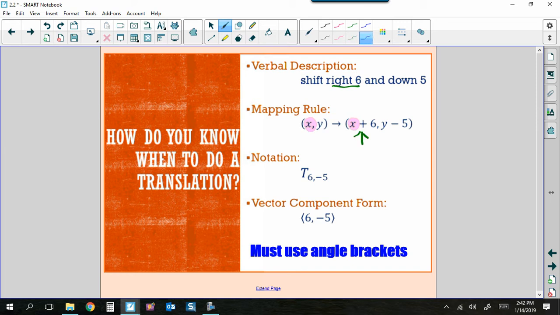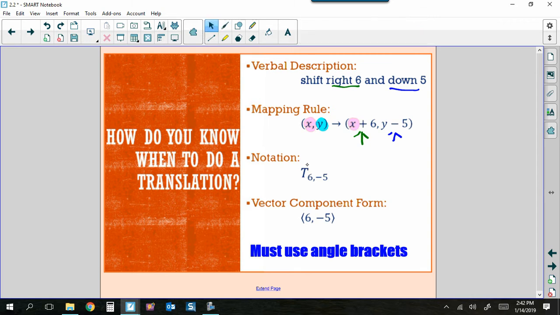If you are going up or down, that's going to be how your y coordinates are changing. So if you are going down, that means you're going negative, and then you put the how much. So again, that whole magnitude and direction. Magnitude is the number. The plus and minus is telling you the direction in which you are moving.